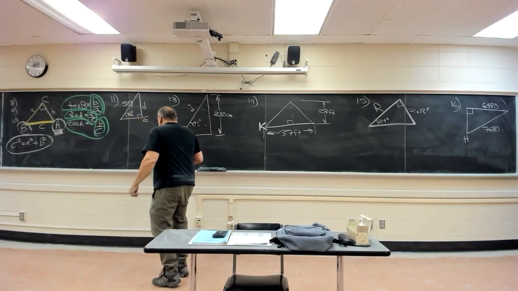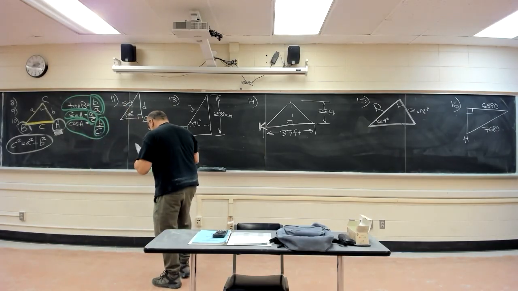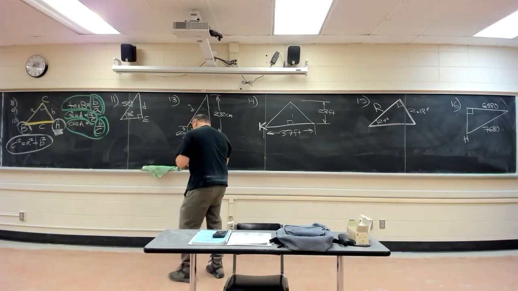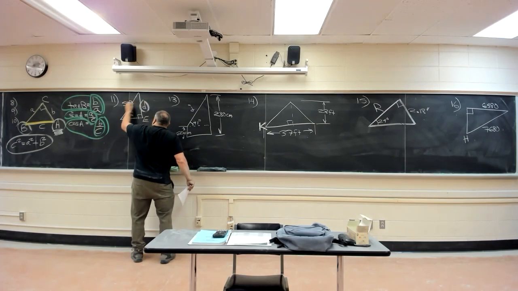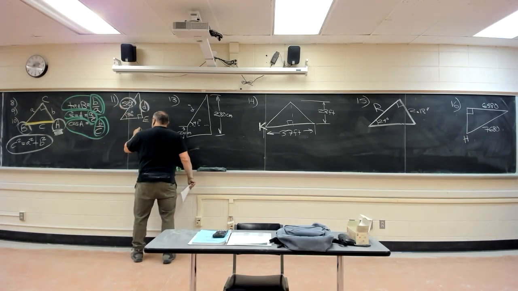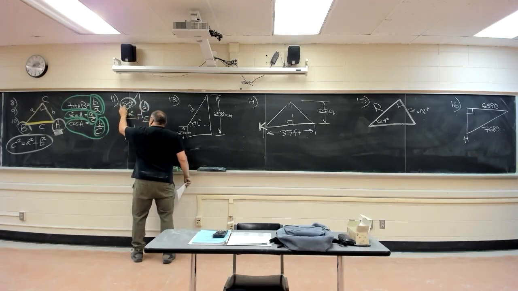Okay. 11. Find side D, round answer to the nearest whole number. Well, this divided by that, D divided by 529, this leg divided by the hypotenuse is the leg that's opposite the 36-degree angle, divided by hypotenuse.